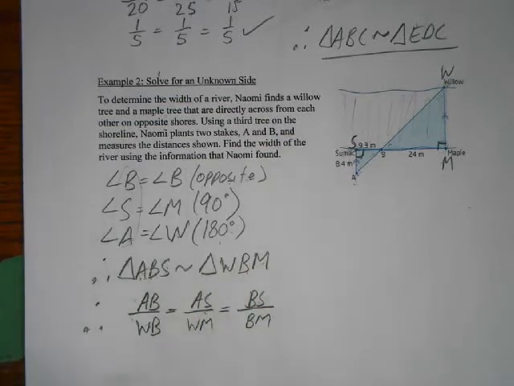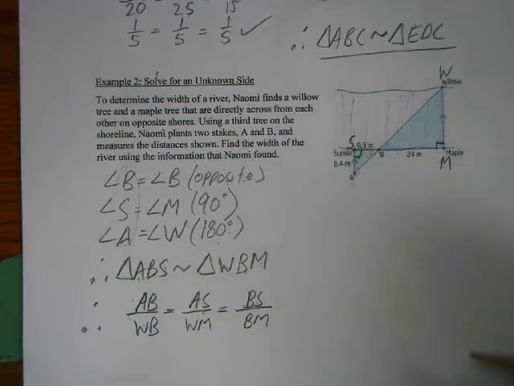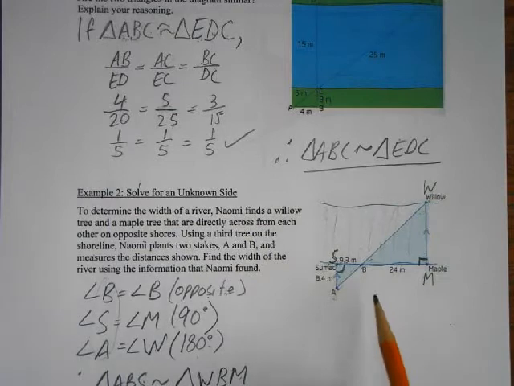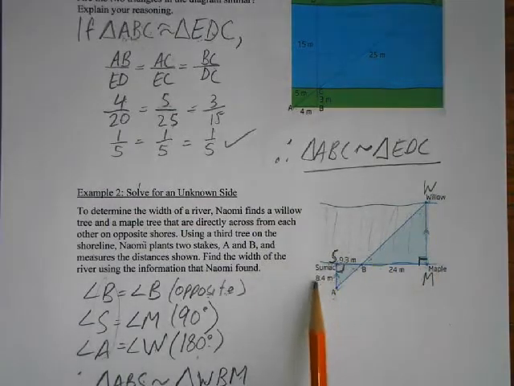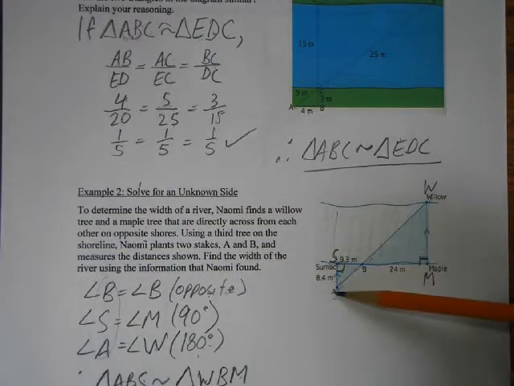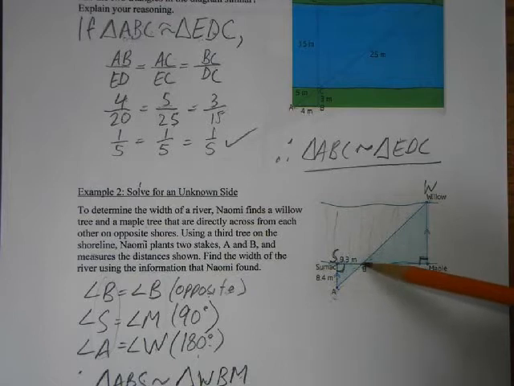Okay, now I can go back and start pulling out some information. So I didn't really talk about these measurements, but you can see they're all on the shoreline where Naomi is. She's measured the distance from the sumac tree to that post, sumac tree to that post, and then from the post to the maple tree.